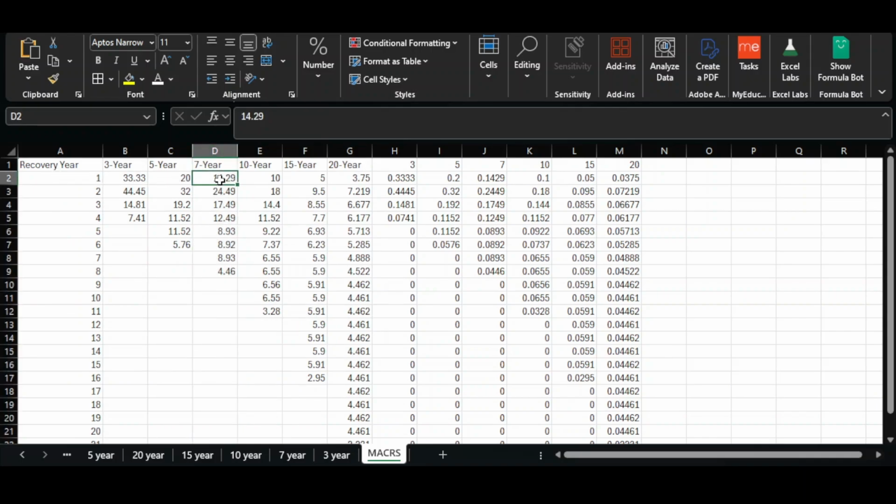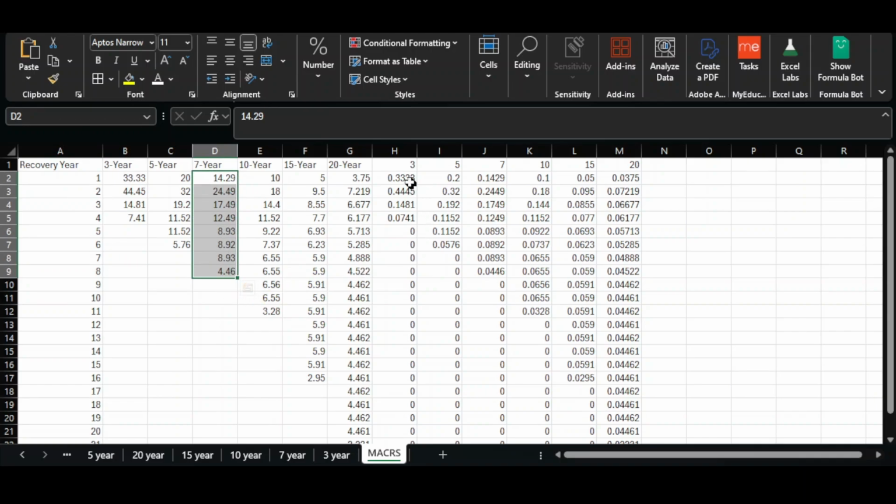As you can see, the matrix for the MACRS for the 7-year class, which is in column D, starts with 14.29 for the first year, 24.49 for the second year, 17.4 for the third year, and so on. I'm just showing you that this is exactly how it was extracted.